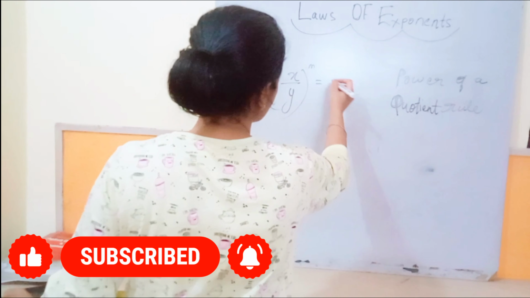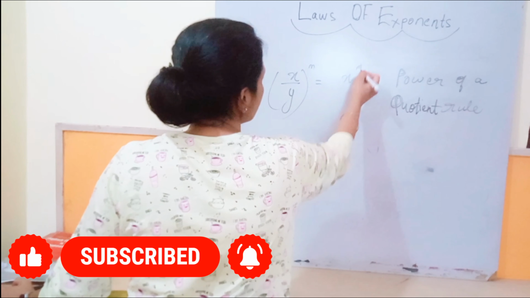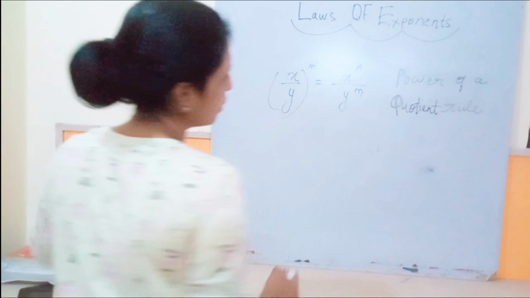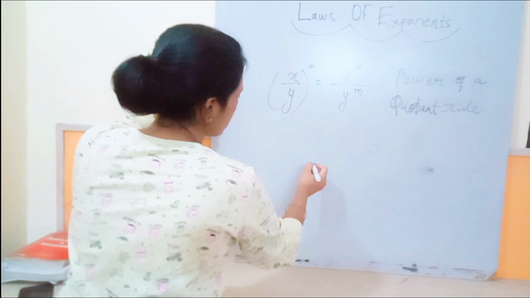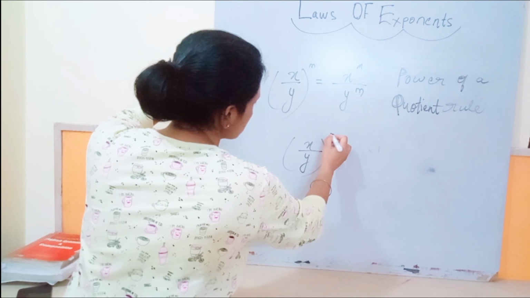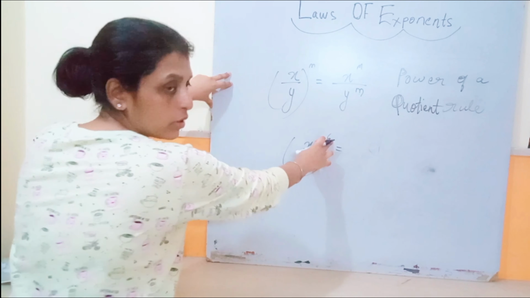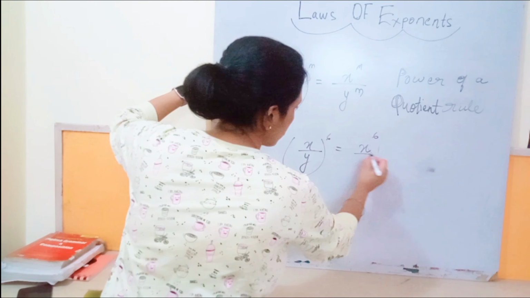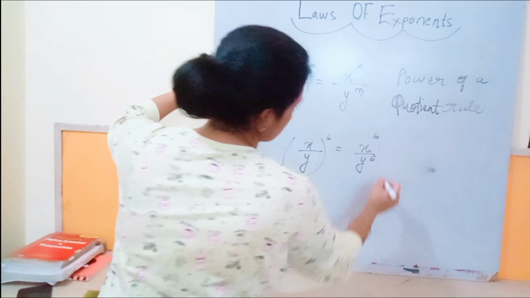So you can write this as x to the power m upon y to the power m. Or in other words, if it is x upon y to the power 6, this means this power 6 will be written as x to the power 6 upon y to the power 6. Okay.